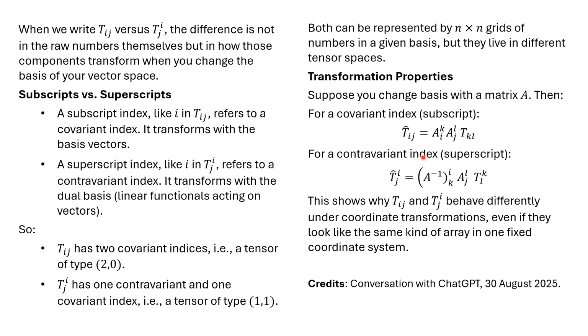When you have this type of index here, then you need to use the inverse of the change of basis matrix corresponding to the contravariant index, and then you use just the regular change of basis matrix for the covariant index, the vector space itself. So this illustrates why these behave differently, and you need to take that into account.